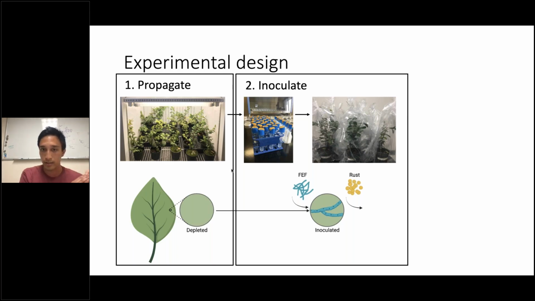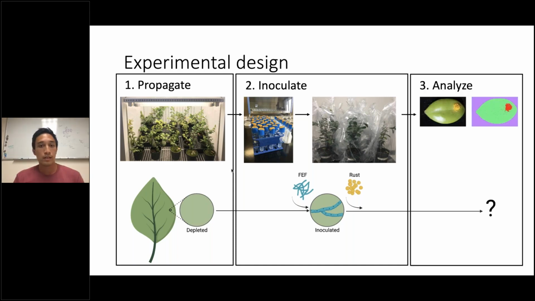We used the standard procedure with little humidity bags in darkness for 12 hours. Then we did some analysis. We used Weka segmentation in ImageJ, which is a nice package for quantifying rust on leaves. So this is the general experimental design.